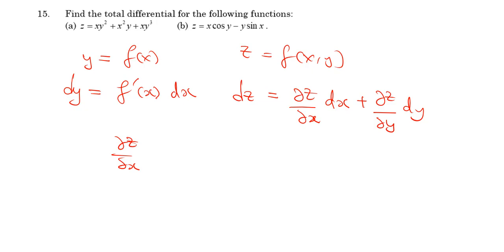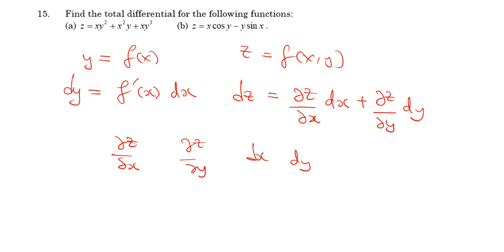The other one, the partial of z with respect to y, is the partial derivative of f with respect to y, showing the change as y changes while holding x constant. The dx and the dy are just small changes in the independent variables x and y. Of course you could extend this further to a function of three variables, just like that.